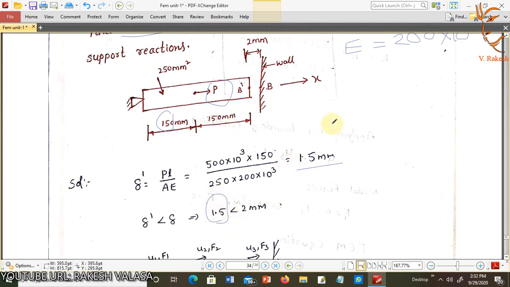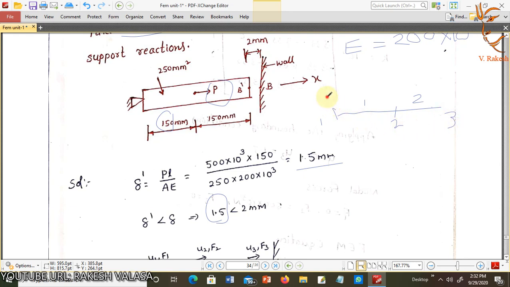Now let us draw the free body diagram for the given figure. This entire section is divided into two parts. One, two. This is section one. This is section two. Nodes: this is one, this is two, this is three.